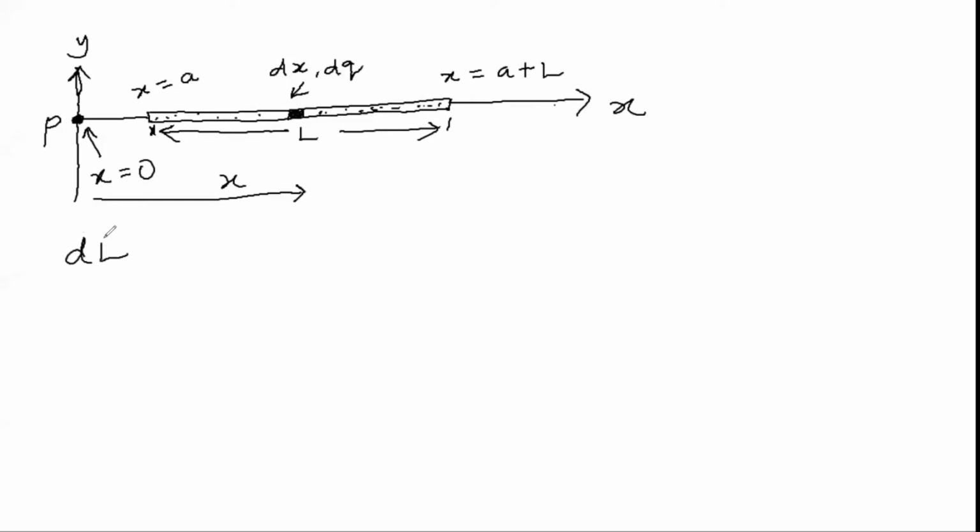So dE will just be equal to, remember from the law, k dq over r squared. For now, we'll just say r squared. But we must bear in mind that r is nothing but the distance from this element up to the point where we want to calculate the electric field.